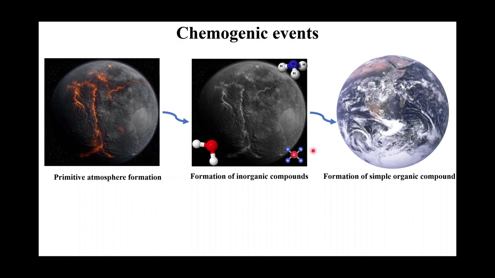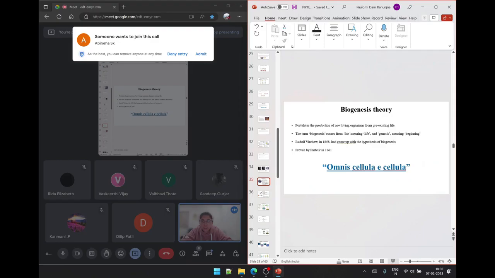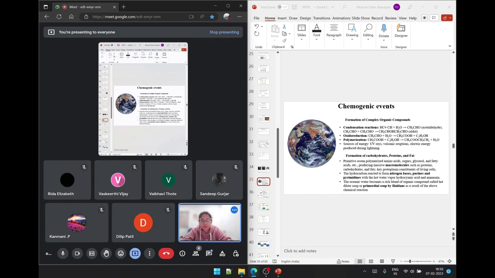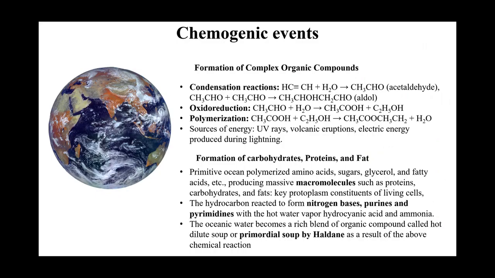Now these inorganic compounds gave rise to organic compounds. And now simple organic compounds started undergoing different modes of reactions to give complex organic compounds. We had already seen that they had formed, for example, here we can see methane, or they can also form ethane.